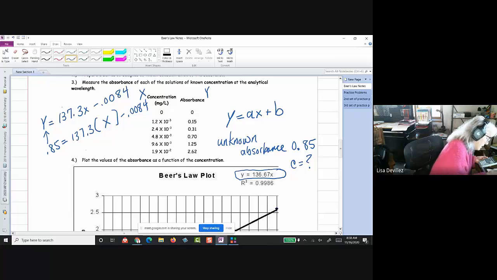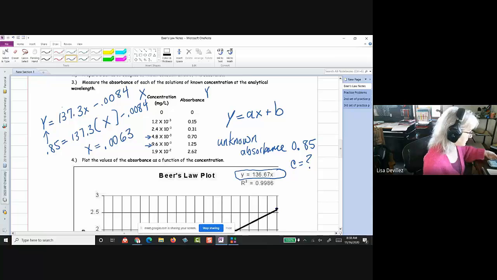I'm looking at the wrong column. I'm getting 0.00, we'll just round it, 63. Yeah, that's about what I got. I was thinking it should be in between these two, because the absorbance I chose was in between those two. Okay, so that makes sense.